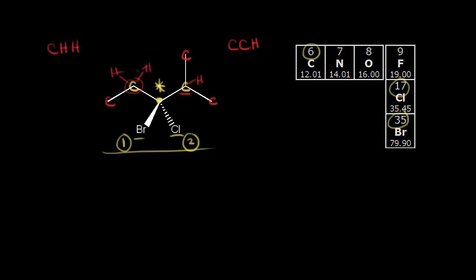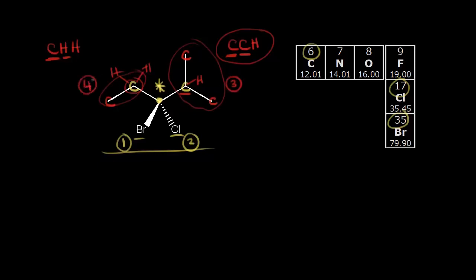We look for the first point of difference, so we have carbon versus carbon, so that's a tie. So we keep going, and we get carbon versus hydrogen. So the carbon wins, and this group gets the higher priority. So this isopropyl group is a higher priority than this ethyl group. So that means the isopropyl group is going to get a number 3, and the ethyl group is the lowest priority. It gets a number 4.